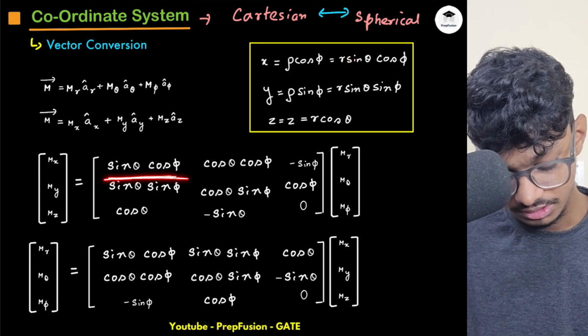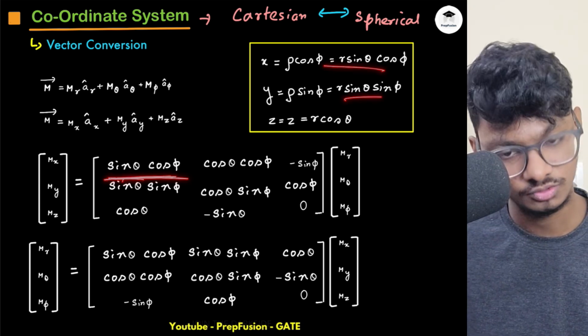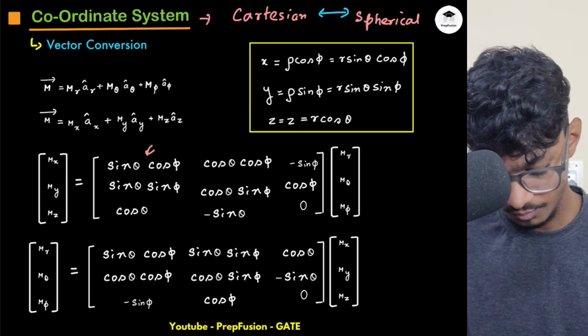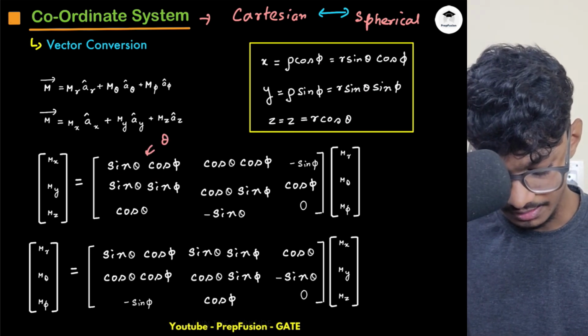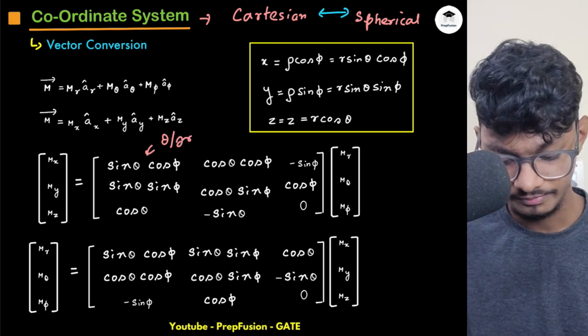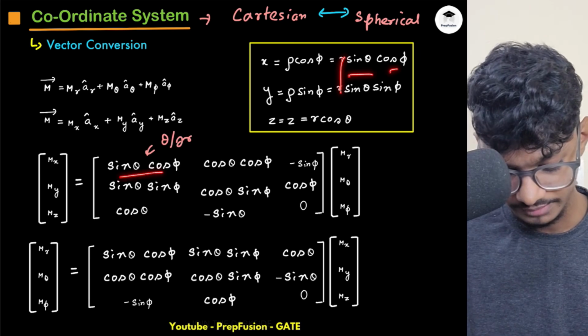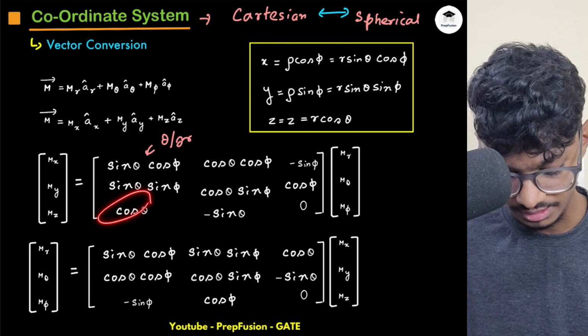The first thing I will write is a differentiation with respect to r. If I differentiate this first row with respect to r, what I get is del r. So this will go away, only sin theta cos phi will be there, only sin theta sin phi will be there, and here cos theta will be there.